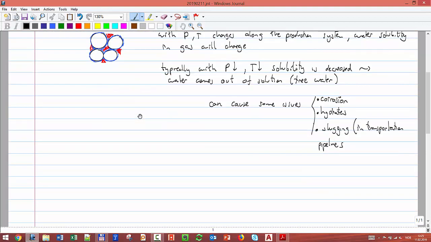Okay, and that means basically slugging means that if you have your pipe at any position that you look on the pipe, you see you have Q of gas versus time. So you have initially a batch of gas, no gas, a batch of gas, no gas, a batch of gas, no gas. Okay, so it comes in slugs.